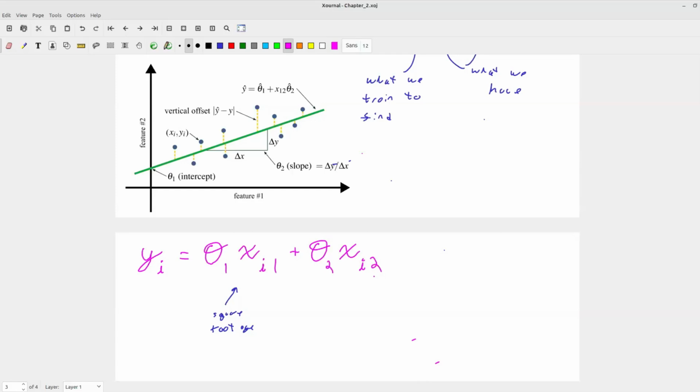So this can go on forever, and maybe the second feature is size of pool. Plus, that can go on forever till you get to theta p x of i m for all the features you want, right?